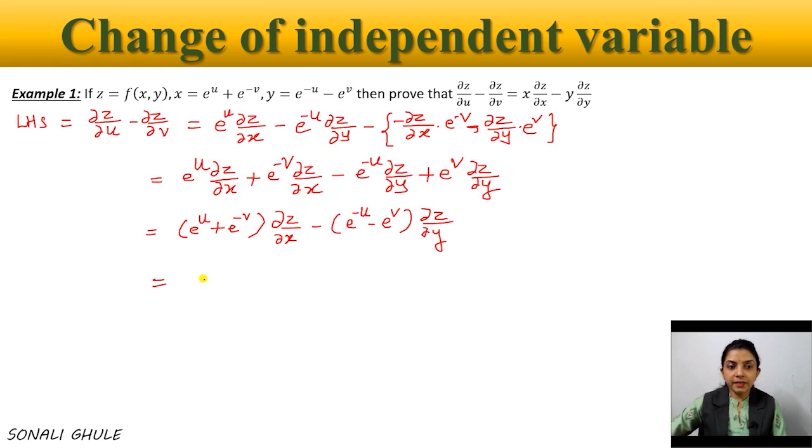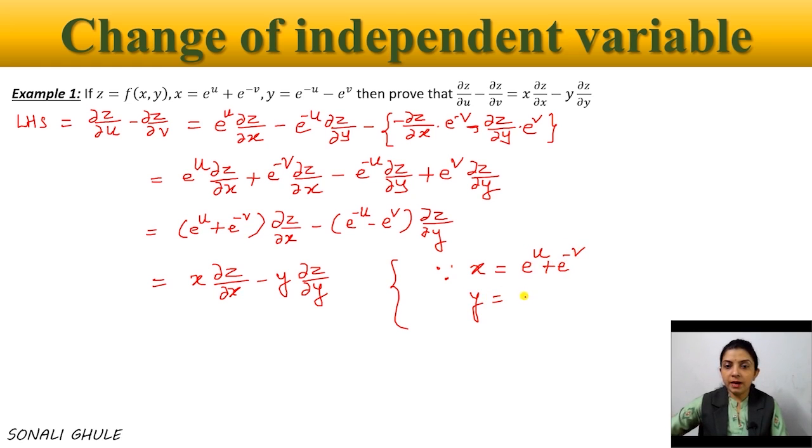So I can write here x into dou z by dou x minus y into dou z by dou y. Since we have the value for x, it is e to the power u plus e to the power minus v, and y is e to the power minus u minus e to the power v, right? And this is our what? Required right hand side, hence proved.